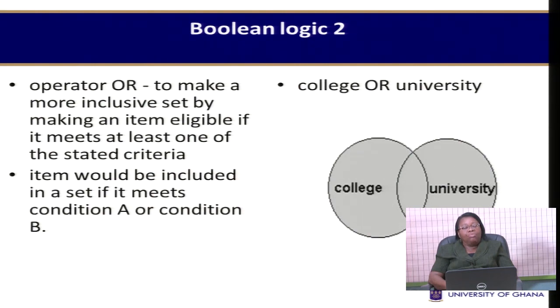So if the computer is able to find any information on college, it is a hit because that is what your operator said. If it finds anything on university, it is also a hit because you put in those two terminologies. Even if it finds materials under college and university, they are inclusive in your keywords, and so everything is brought up. So when you use the OR operator on the computer, you are in effect collecting a lot of information. That is what the OR operator does.